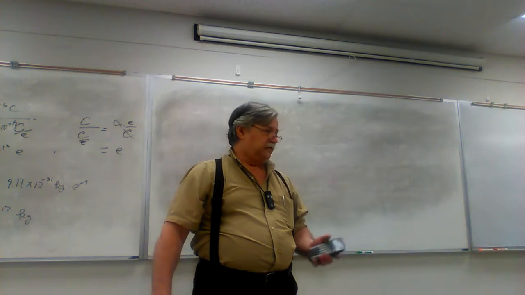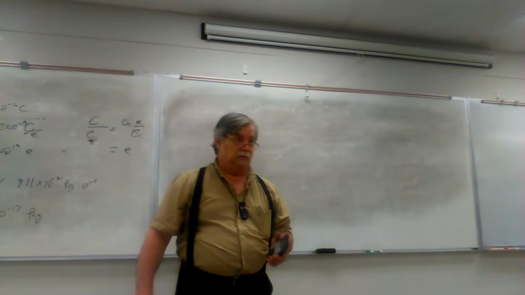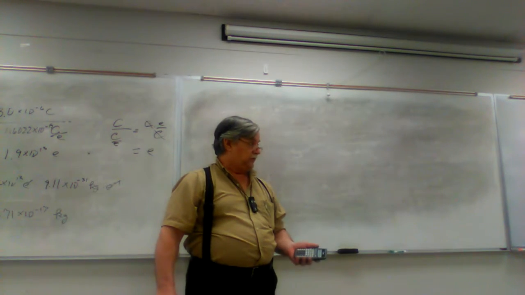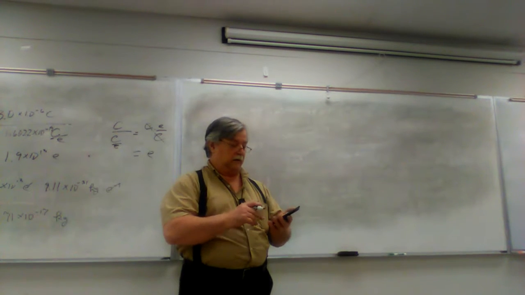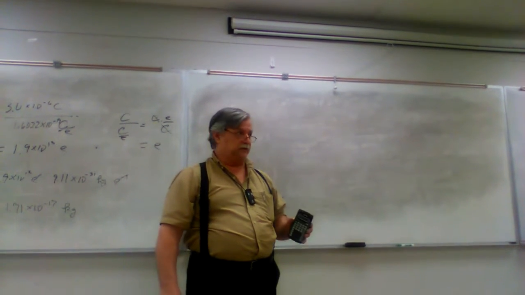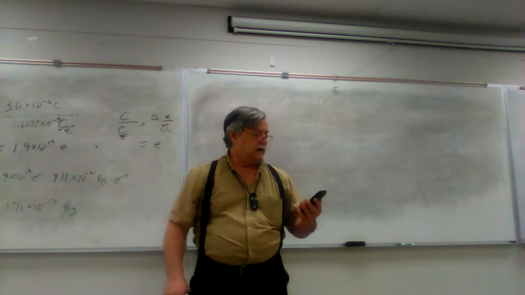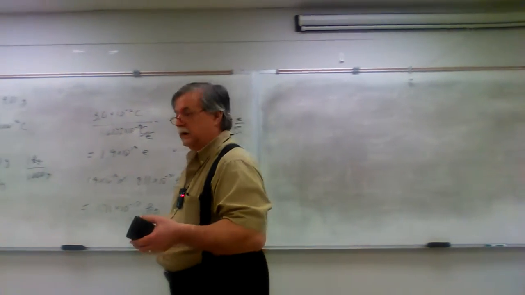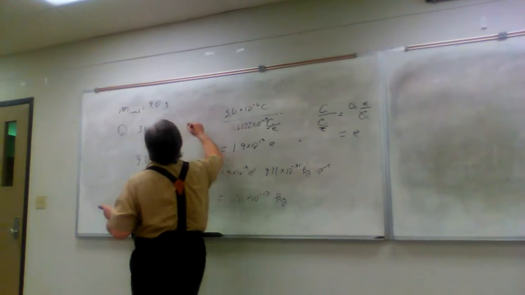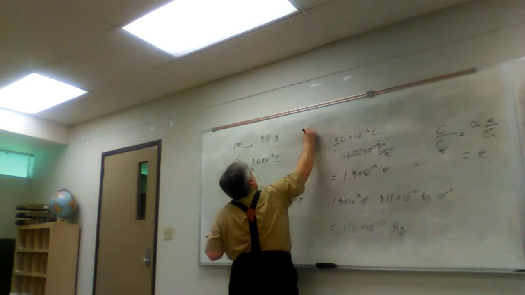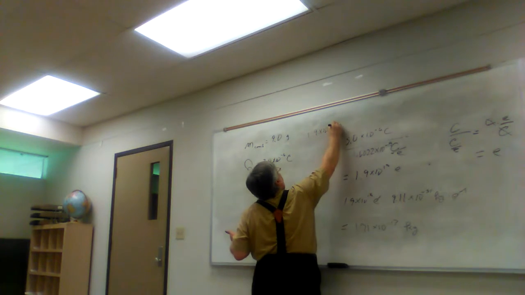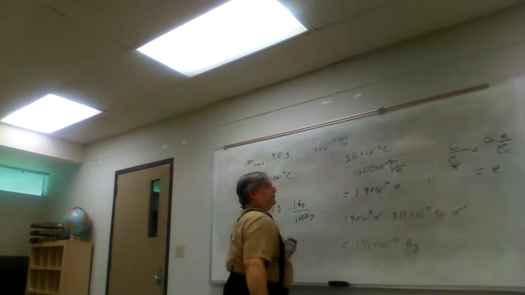Times 10 to the minus 15 is your ratio. Now to get it into a percentage, you got to move that exponent 2 more decimal places. So multiply that times 100, and you end up with 1.9 times 10 to the minus 13 percent.